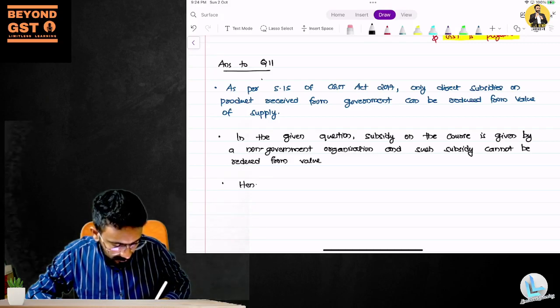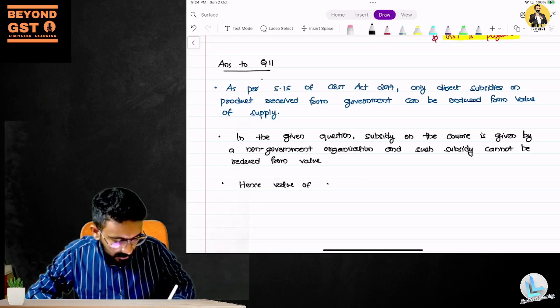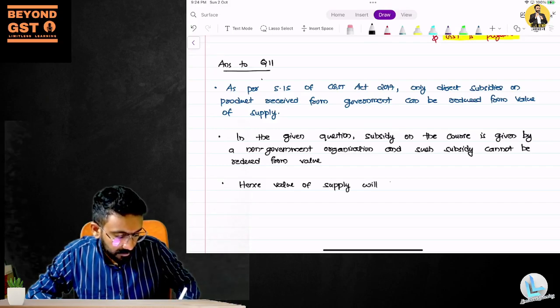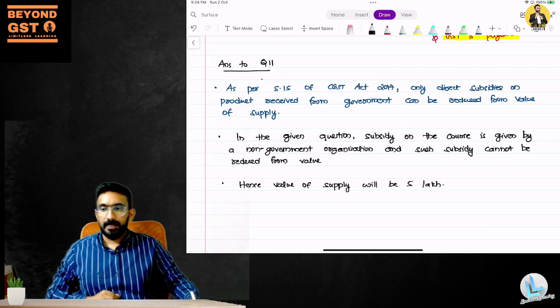Hence, value of supply will be 5 lakh. Done?